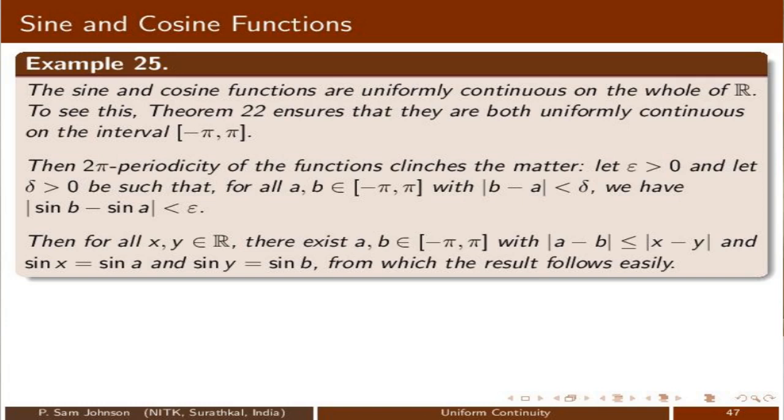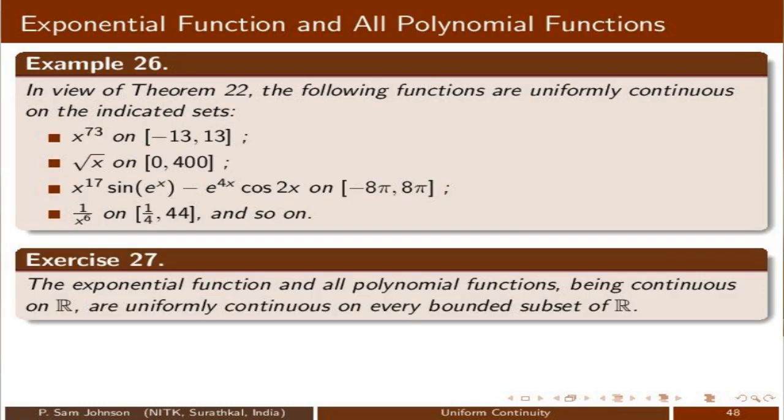Similarly, you take any continuous function on a closed and bounded set, and it is uniformly continuous. The exponential function and polynomials, we have seen, are not uniformly continuous on their entire real line, but they are uniformly continuous on every bounded set. Because if you take the closure of the set, it is closed and bounded, which is compact.